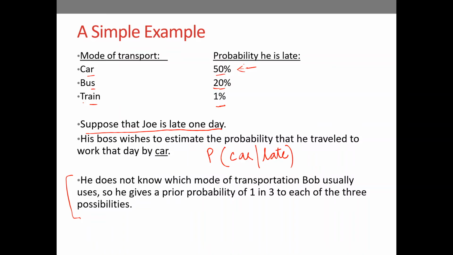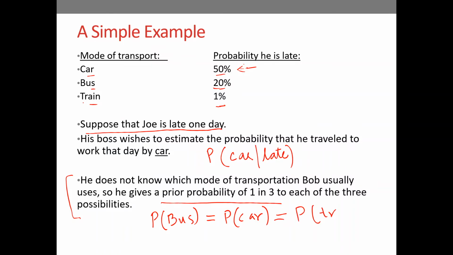He does not know which mode of transport Joe usually uses, so he gives a prior probability of 1 in 3 to each of the 3 possibilities. So that's good. So now we are saying that the probability of bus is equal to the probability of car, because we need that, right? Is equal to the probability of train, and it's 1/3.